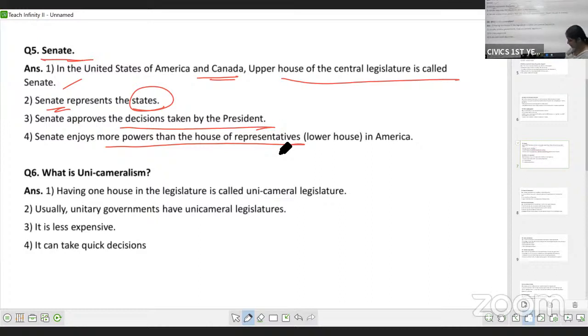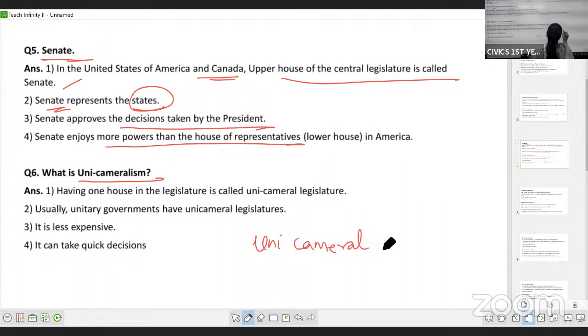The next is unicameralism. What do you mean by unicameral legislature?